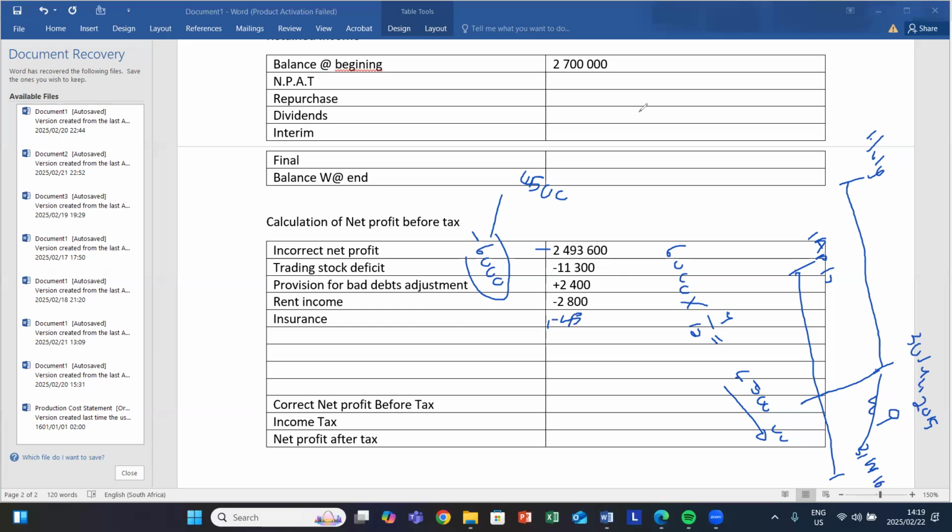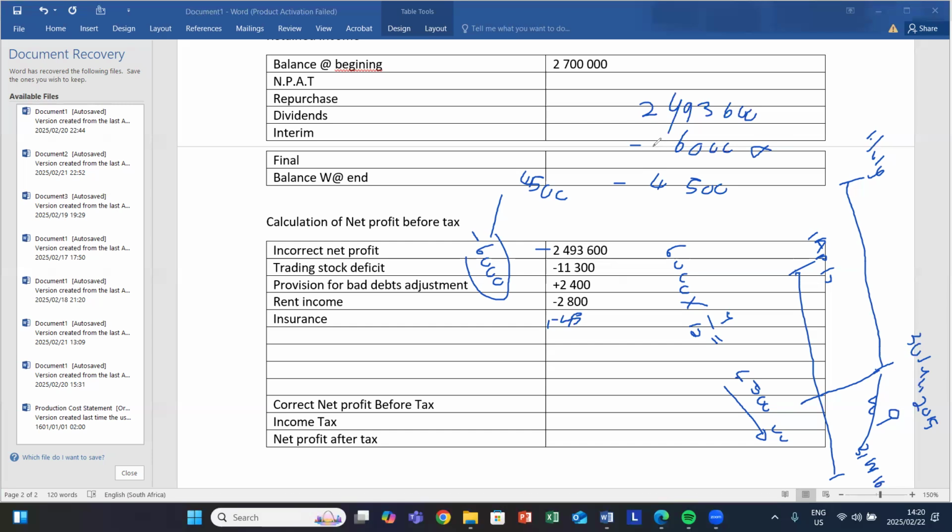Remember that in this amount, 2,493,600, already they minus 6,000 rand. Insurance is an expense, right? They minus 6,000 rand, in which you're not supposed to minus the full amount. And then when you also want to minus 4,500, you can clearly see that you are doing an error again.